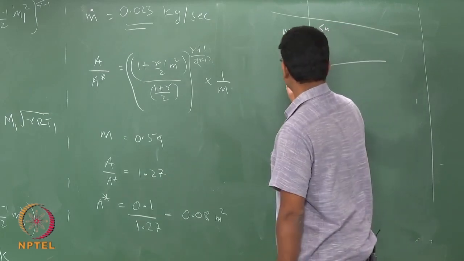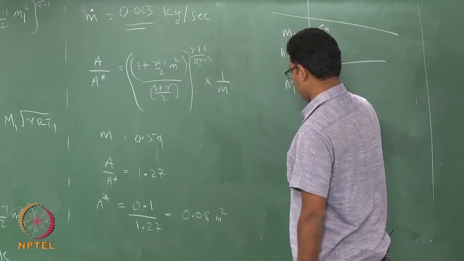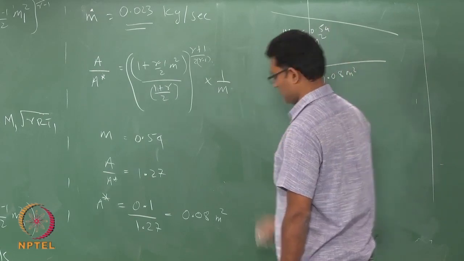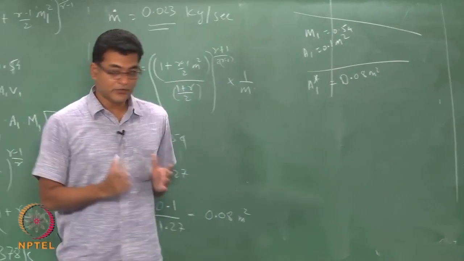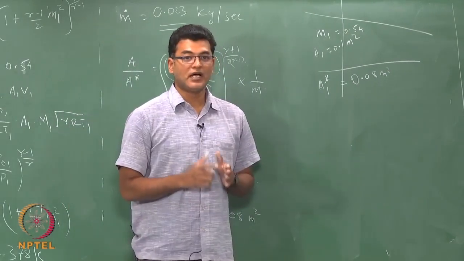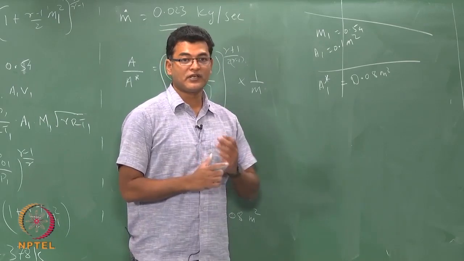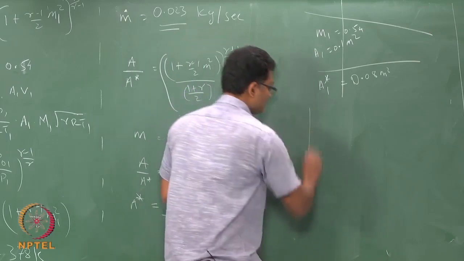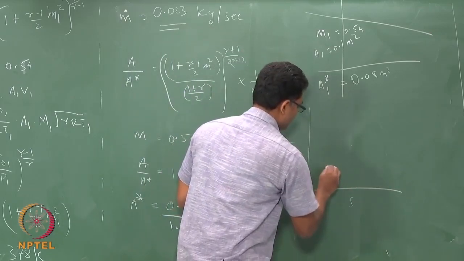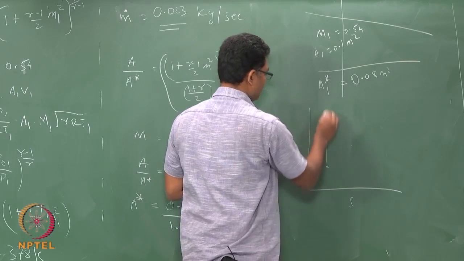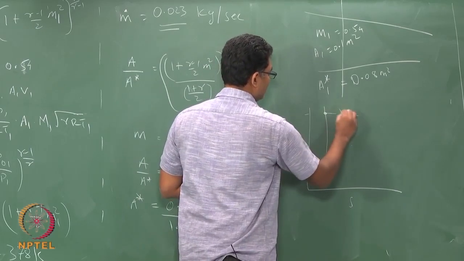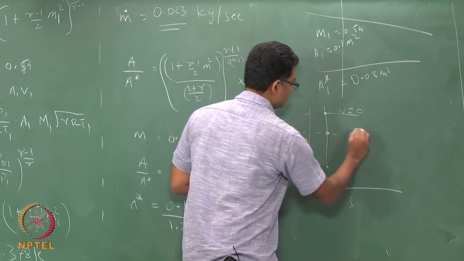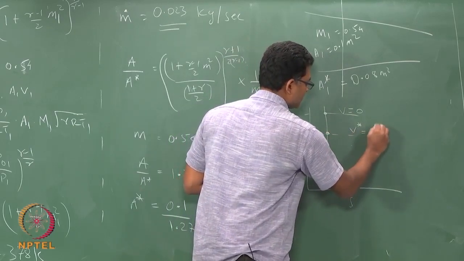Now, the A star at this point we found to be 0.08 meter square. Now, what is my A star? I do an imaginary process, I reduce or increase the velocity to the velocity of sound. So, if I do this process here from state 1, I do an isentropic process, velocity 0 is my stagnation, here is my V star equals a star.